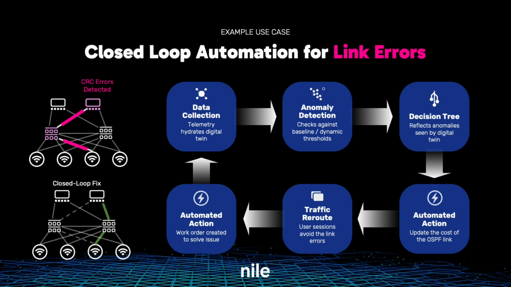Smart agents deployed in Nile network elements continuously collect the telemetry data. They stream the collected data to Nile Services Cloud. The collected data includes process information, system information, protocol information, etc. This telemetry data hydrates the digital twin. It updates the various attributes of the digital twin, such as the interface, CPU, memory, etc.